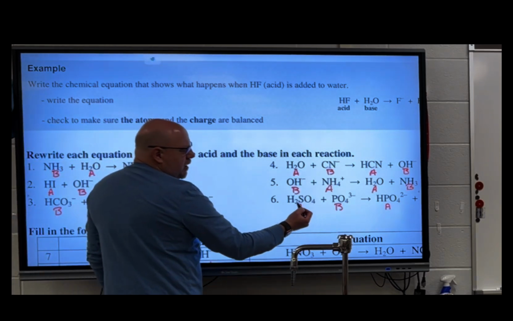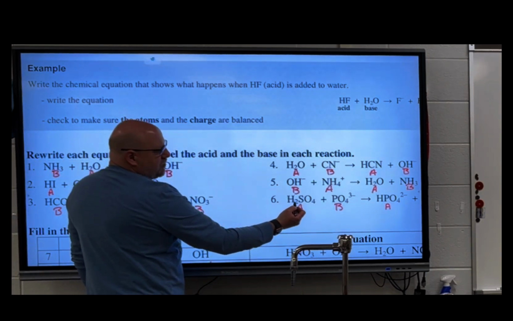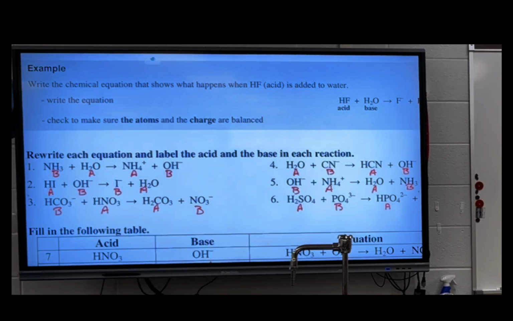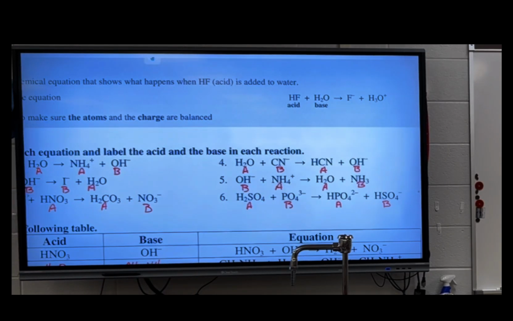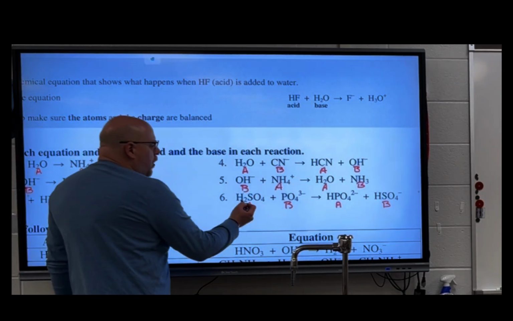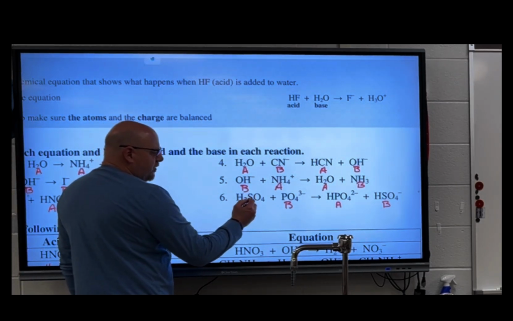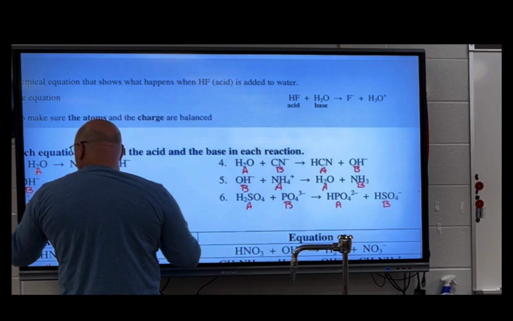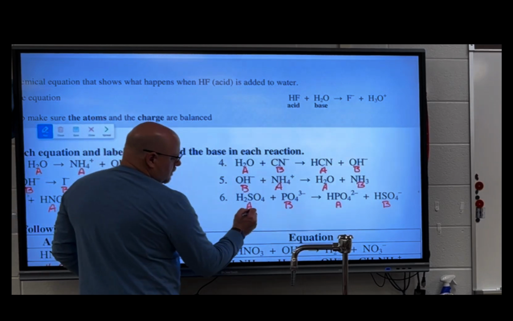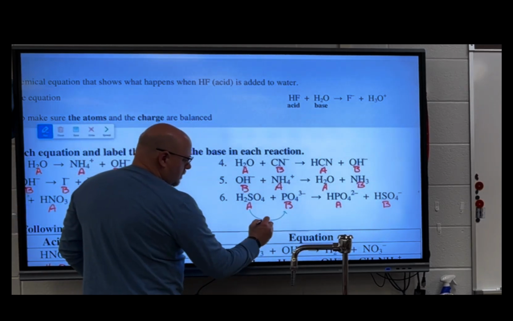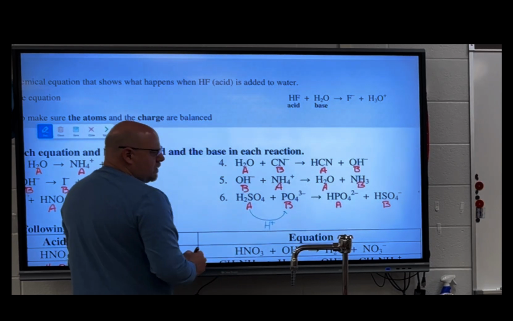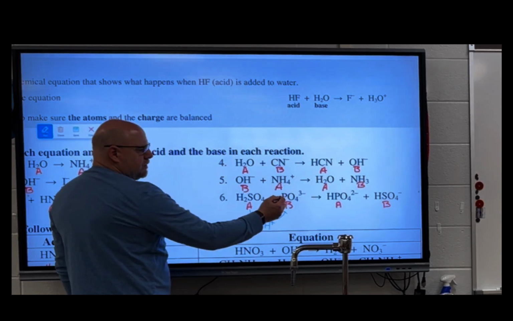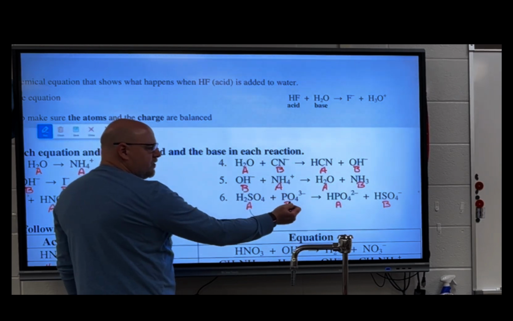So in this reaction here, we've got one hydrogen going from the sulfuric acid to the phosphate. That's why this is the acid, this is the base.